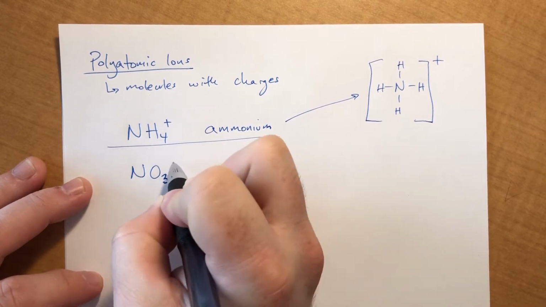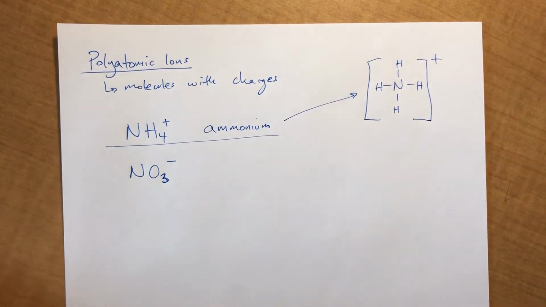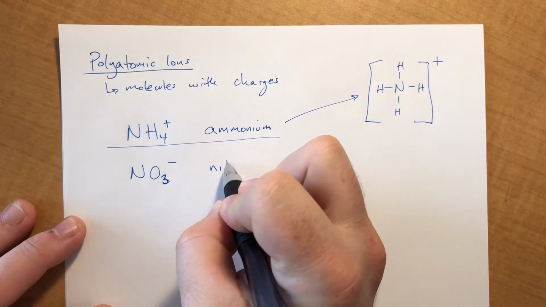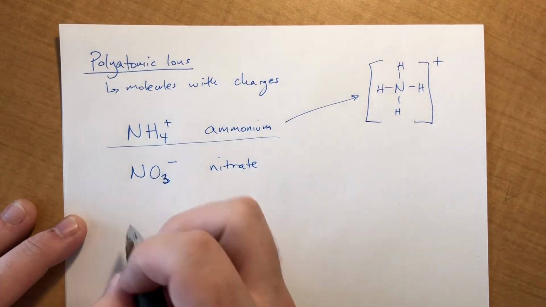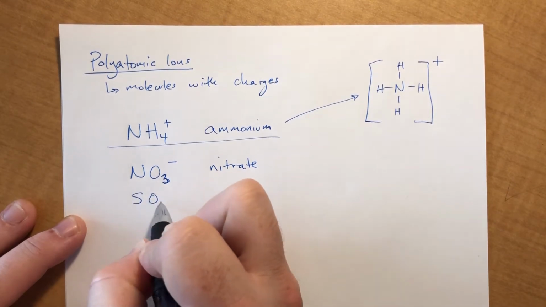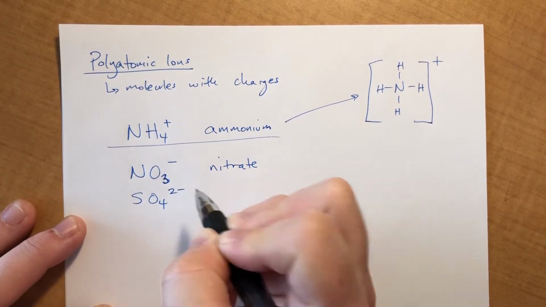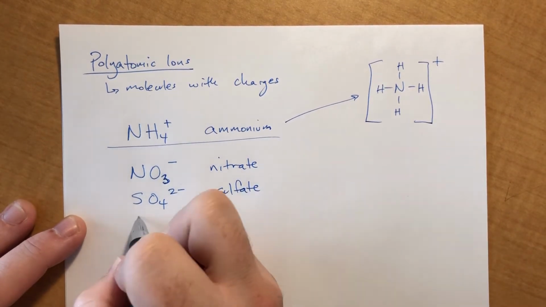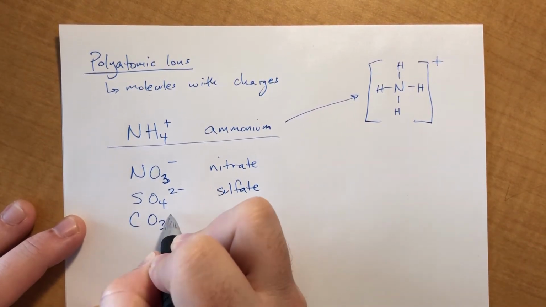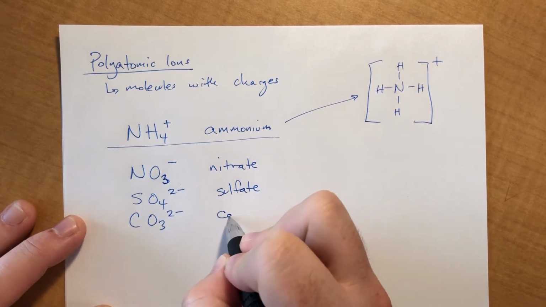So a nitrogen with 3 oxygens ends up having a -1 charge, and this is nitrate. If you have a sulfur with 4 oxygens, it has a -2 charge, and this is sulfate. A carbon with 3 oxygens and a -2 charge is carbonate.